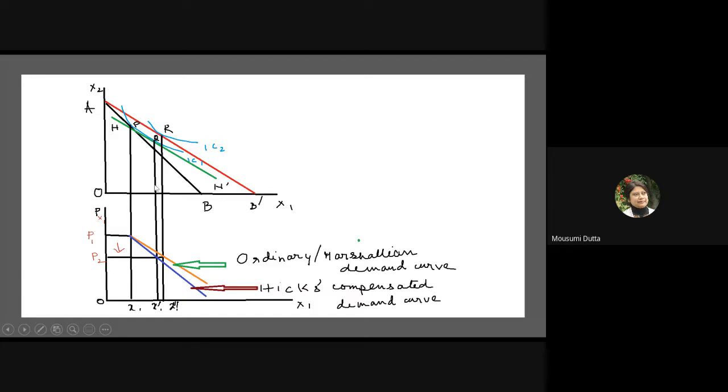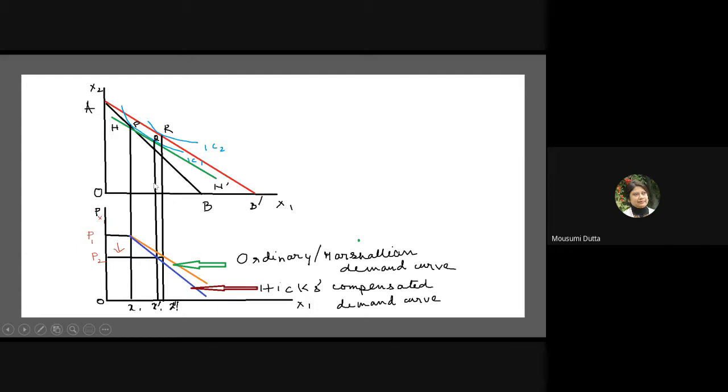And then, as a commodity becomes cheaper, my purchasing power increases. And if a commodity is a normal good, when my purchasing power increases, consumption of all commodities will increase, including this particular normal good. So again, there will be some increase in quantity demanded from Q to R.